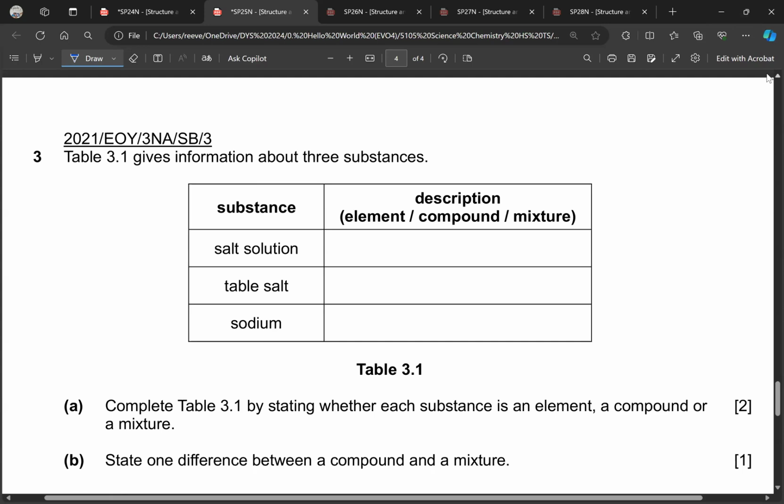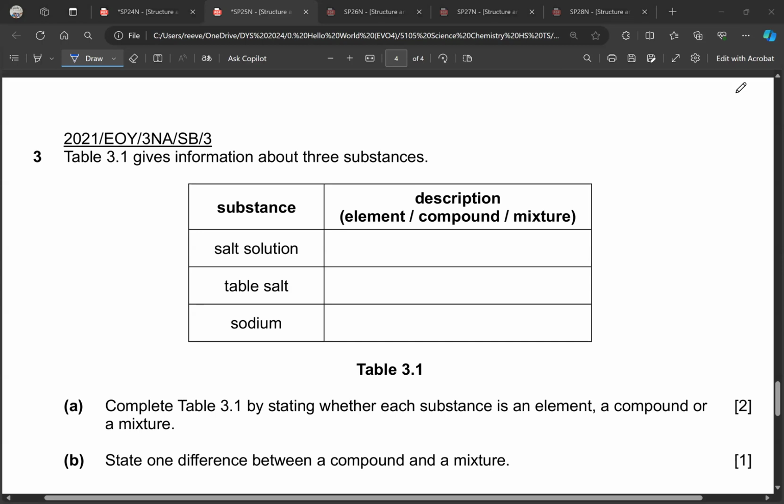Now I share again. Hopefully you can see the screen. Okay, this is question 3. Yes, question 3. Why is this thing still here? Okay, hopefully it's better now.